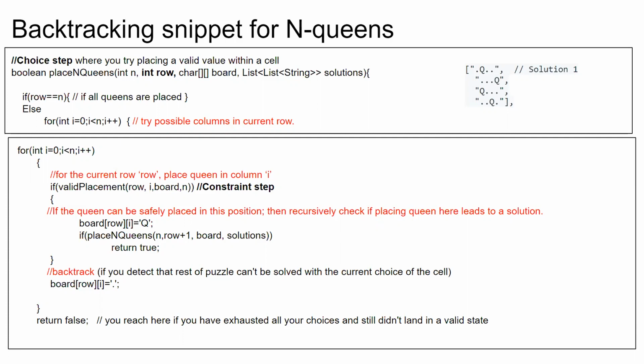Where to put. Choice is the column, right? I'm going row by row, and the choice is which column am I placing in. Okay, choice is the column. Like this for loop here is essentially denoting my column.